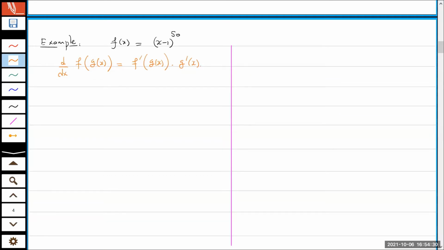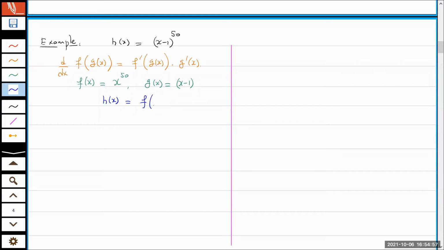I'm going to change the notation because I'm using f in the definition of the chain rule. Now let's take f of x equals x to the 50, and I take g of x as x minus 1. With this, now you can tell that our function h of x is the composition of f and g.